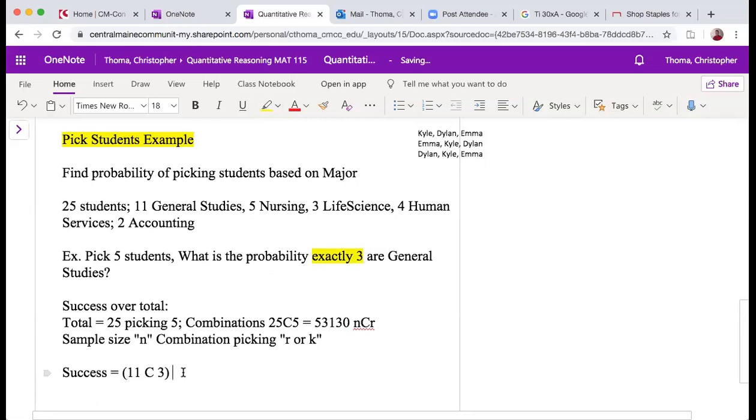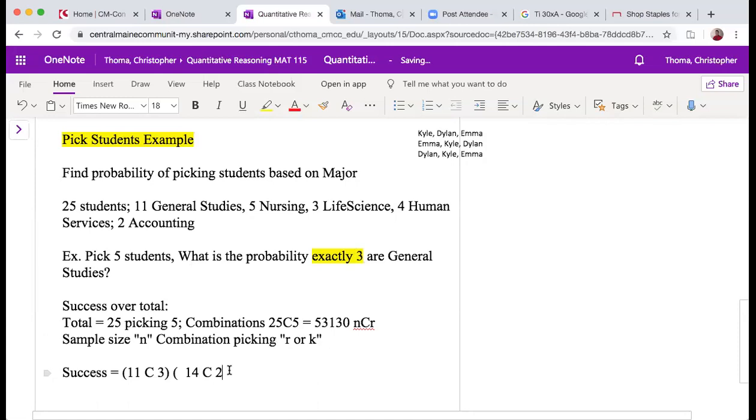I'm supposed to be picking how many students? 5. But I've only picked 3, so I need to pick another 2 to get all my students. Now, where do I get those 2 from? I get those 2 from everyone that's not general studies. So out of 14, I can do math in my head.